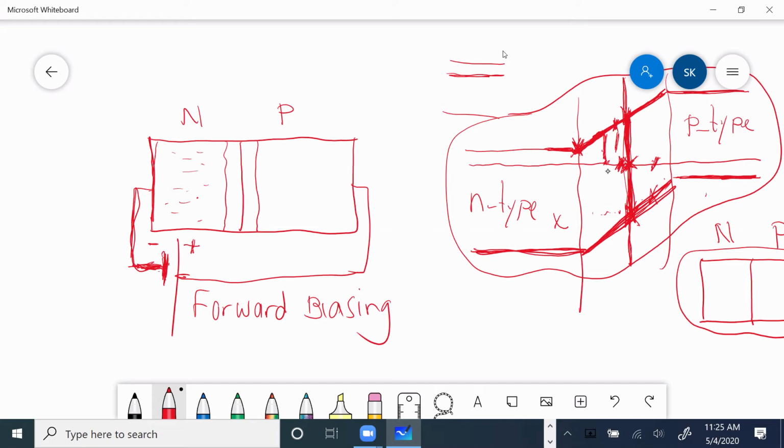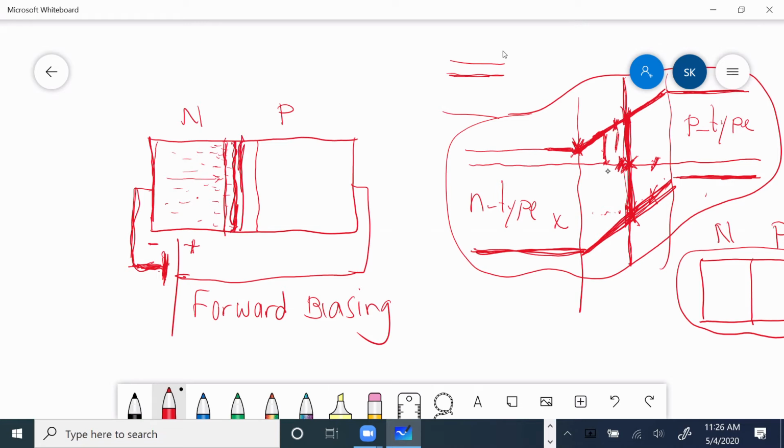So these electrons are repelled further and further towards the depletion region and forced their way towards it, making the depletion region narrower. The depletion region, which was originally this wide, is now becoming less wide.